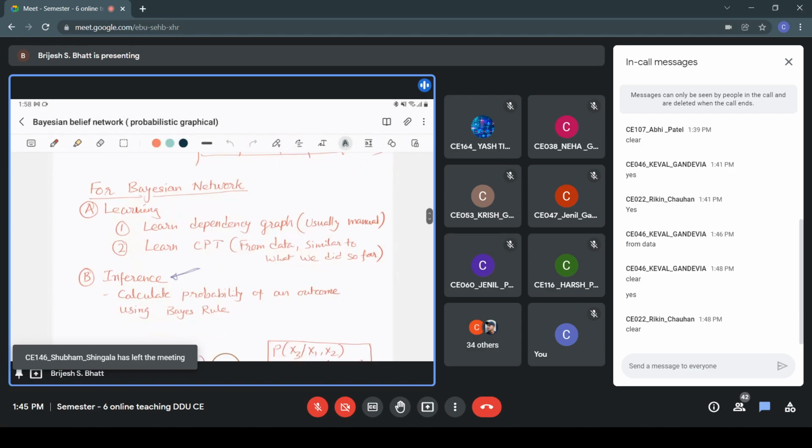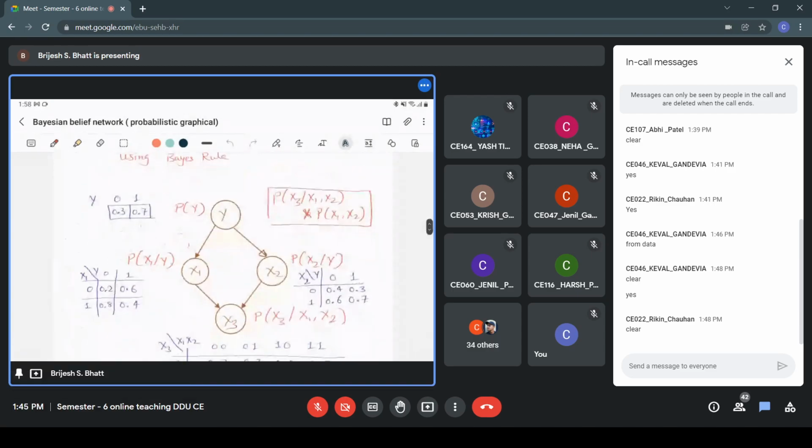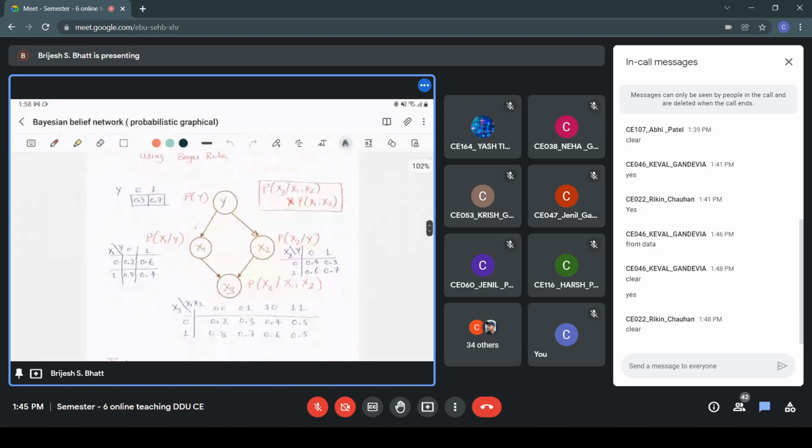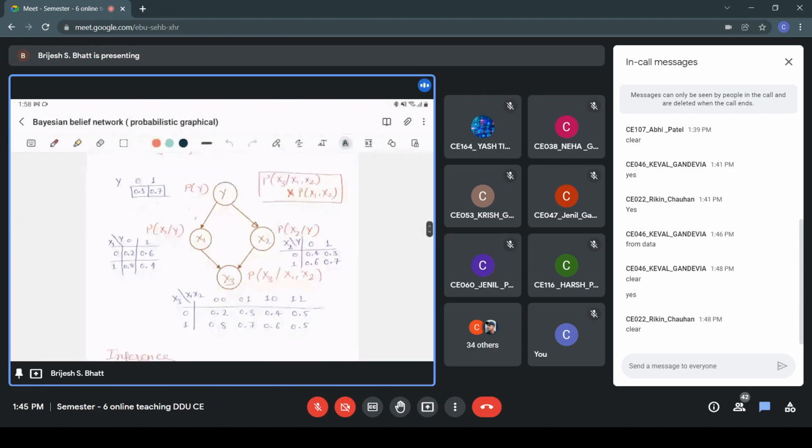So let's take an example. Let us say these conditional probability tables are learned from data. We have already calculated this, and I will not repeat the process. It is the same thing we did in the naive classifier: look at the data and see how many times y is 0, how many times y is 1, how many times x1 is 0 given y is 0, and so on.